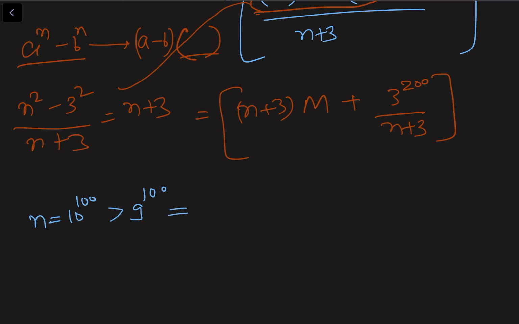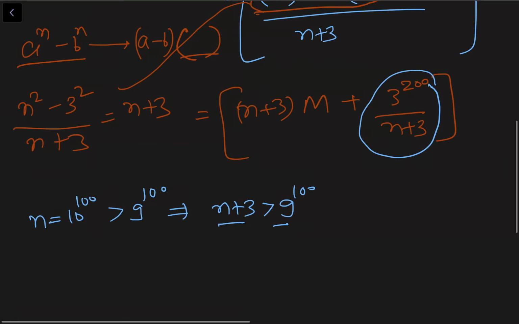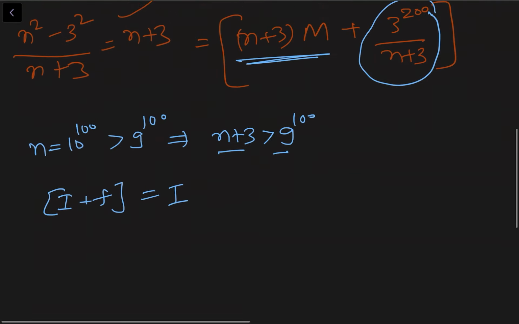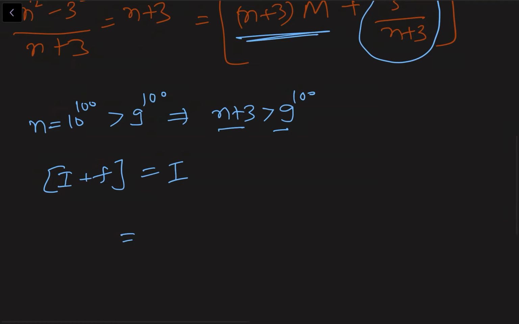So n plus 3 is greater than 9 raised to power 100. Since the numerator quantity is smaller than the denominator, this fraction will be less than 1. Since it is a fraction and the other quantity is an integer, and we know the integral part of I plus f is I only, this value is equal to n plus 3 times m.